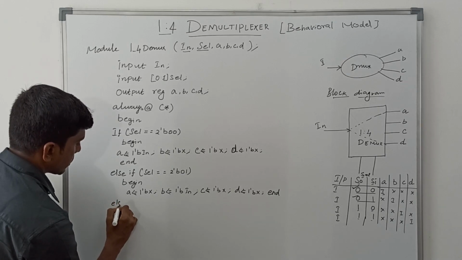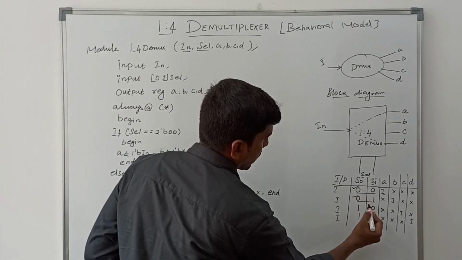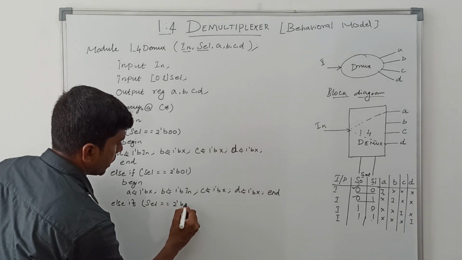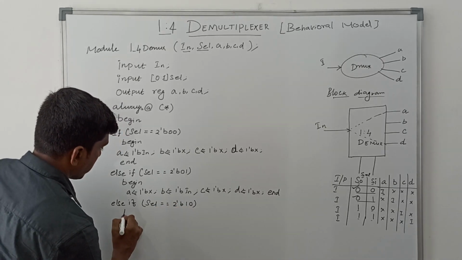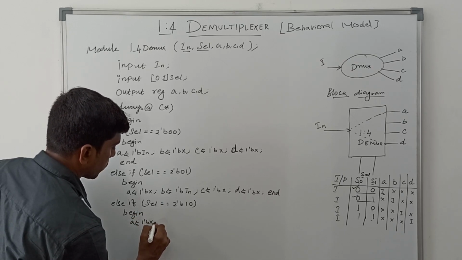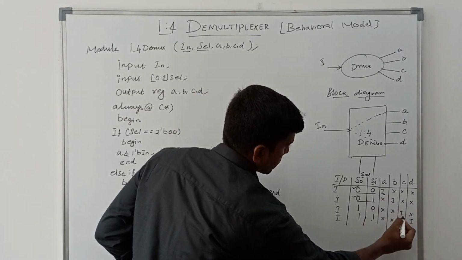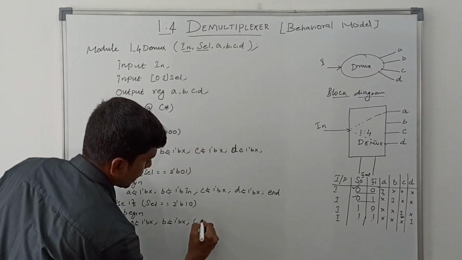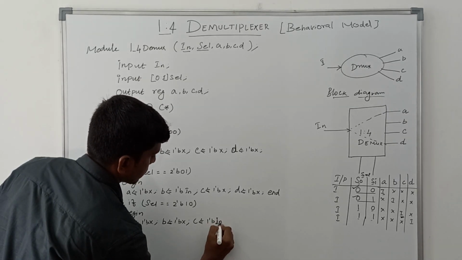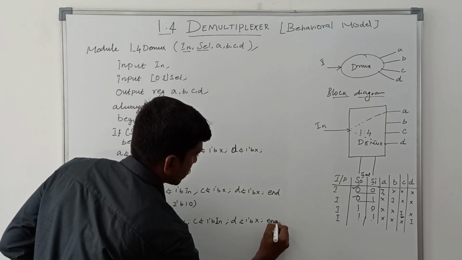The next case, else if. The third case is selection line S0 value 1, S1 value 0, so selection line equal to 2'b10. Begin. A assign 1'bx don't care, B assign 1'bx don't care, and C value is input, so C assign 1'b in. D assign 1'bx don't care, end.